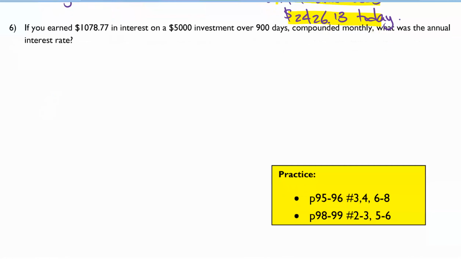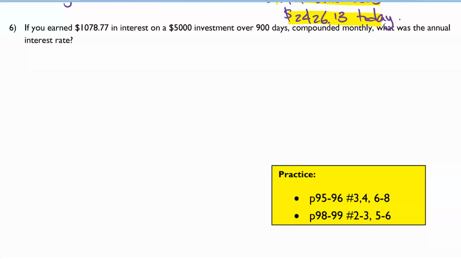Here we go. Number 6. If you earned $1,078.77 in interest on a $5,000 investment over 900 days, compounded monthly, what was the annual interest rate? Do you see that this is a bit of a challenge? So take out some paper, give it a shot.